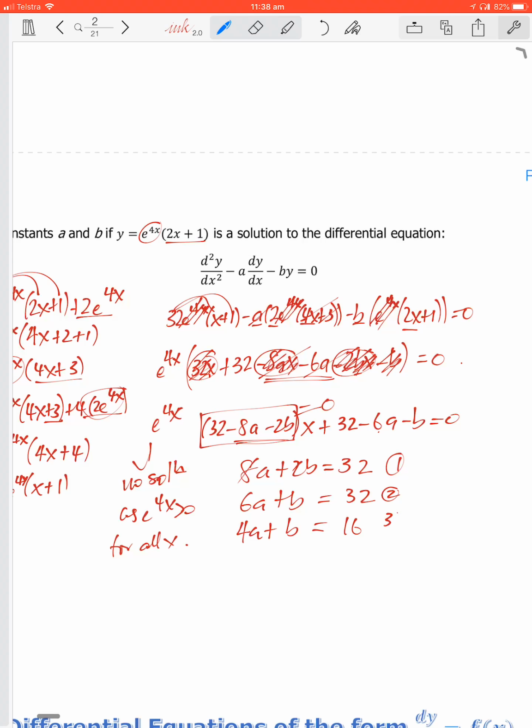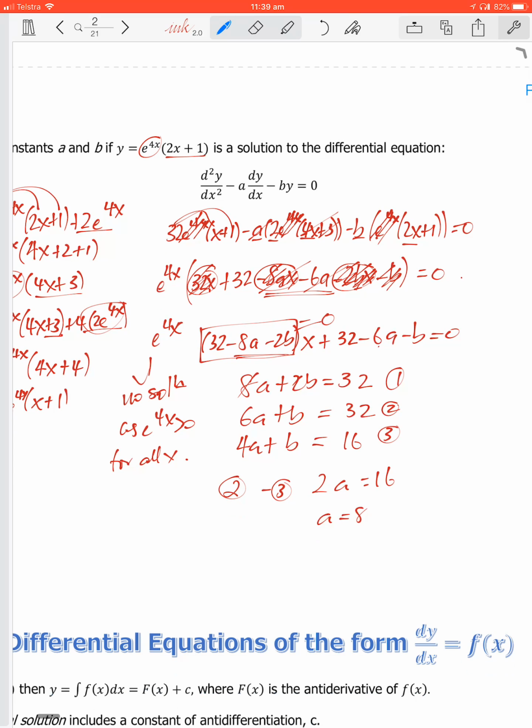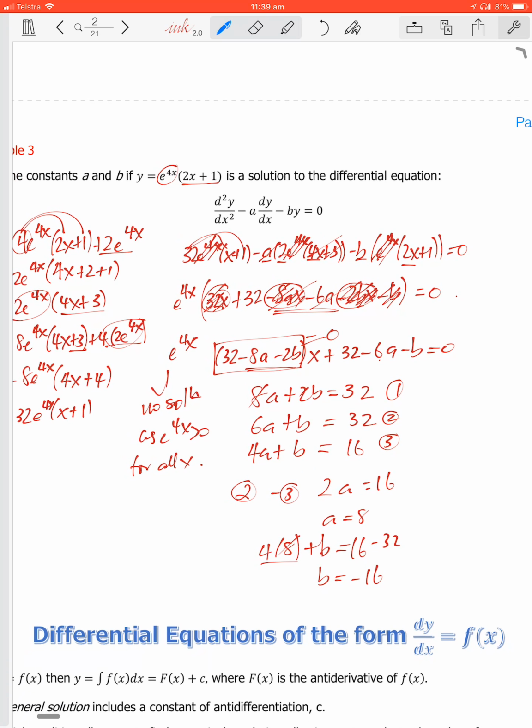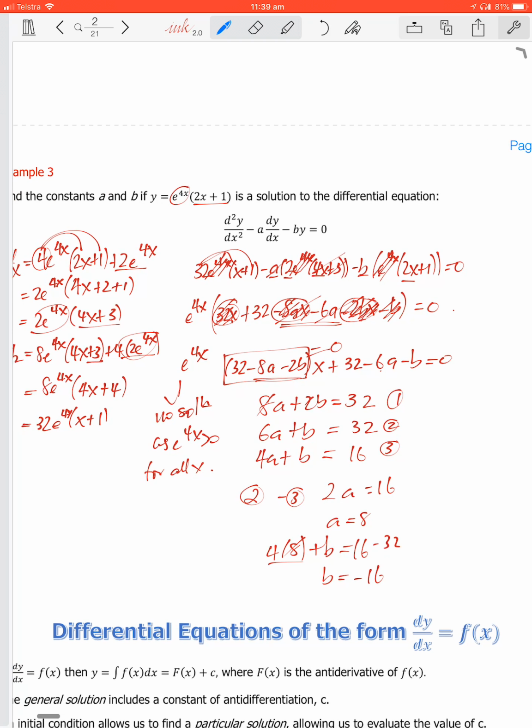If we do 2 take away 3, we're going to get 2a equals 16. So a equals 8. Then if we sub a equals 8 into the bottom one, we get 4 times 8 plus b equals 16. So b equals, that's 32, when we subtract 32, we get b equals negative 16.